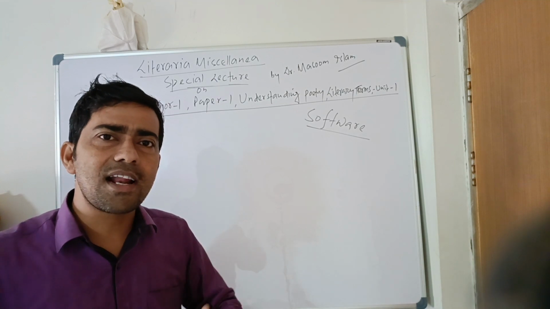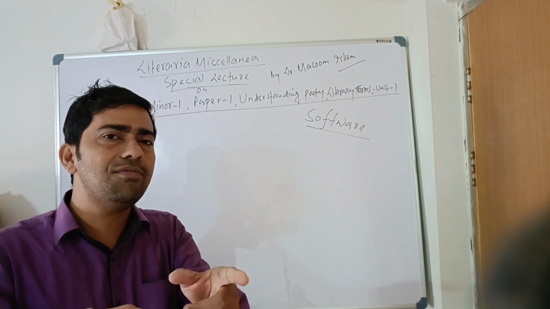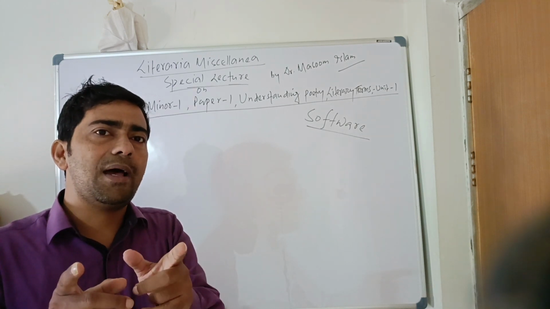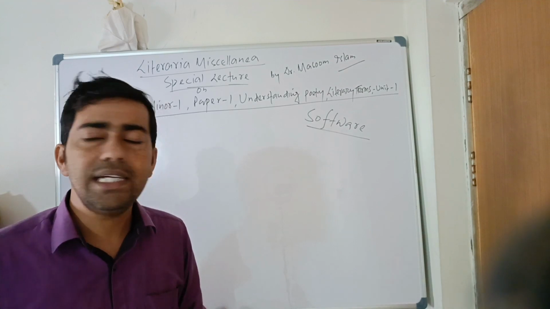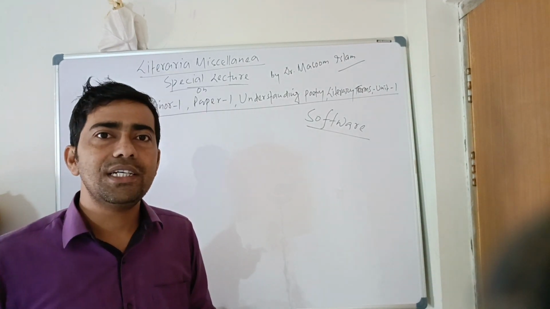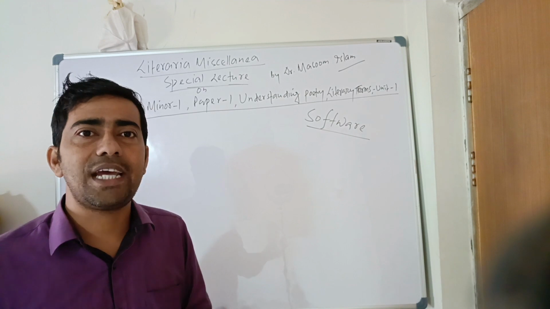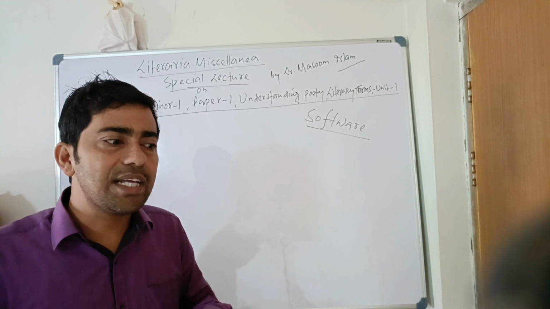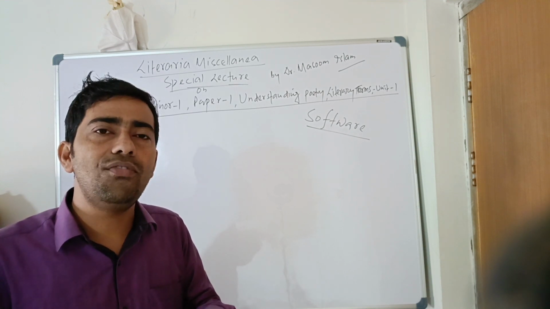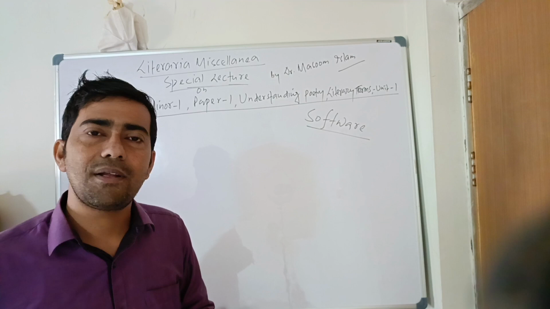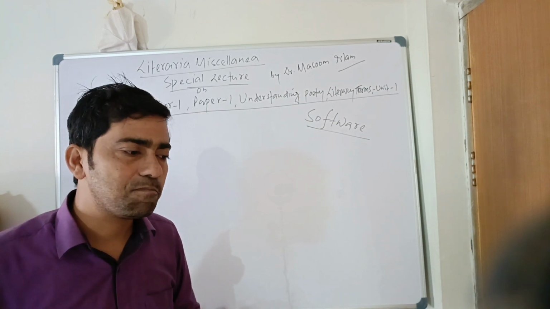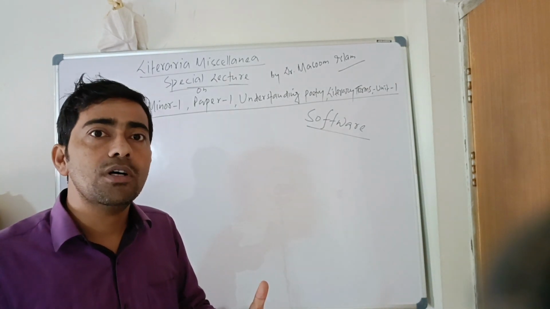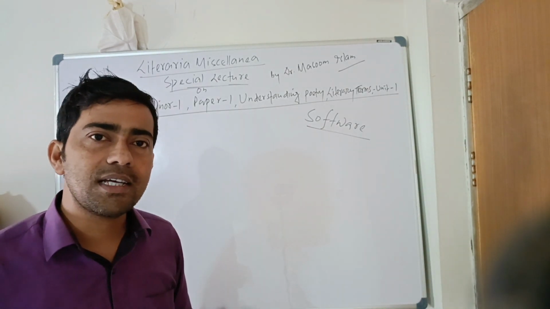To understand the literary genre, especially poetry, because in your syllabus paper 1 is titled Understanding Poetry, you need to understand the basic literary terms, the basic features and characteristics of poetry. And to know the basic characteristics, you have to be well acquainted with the literary terms.